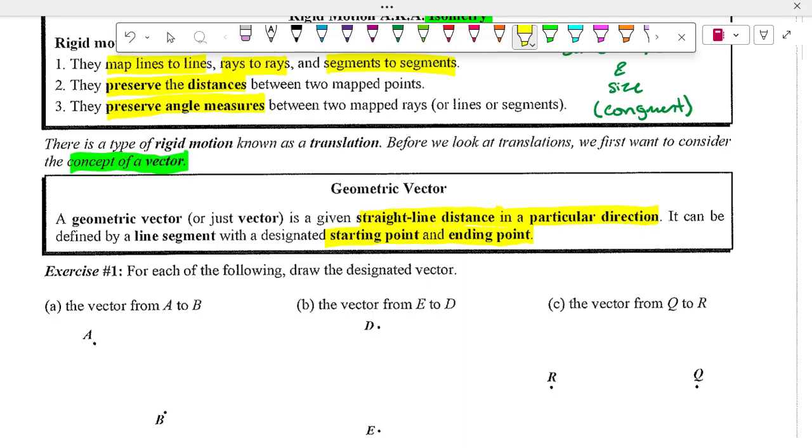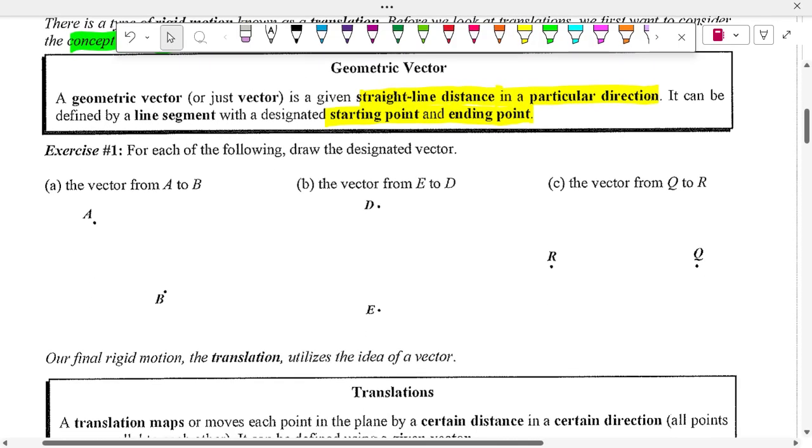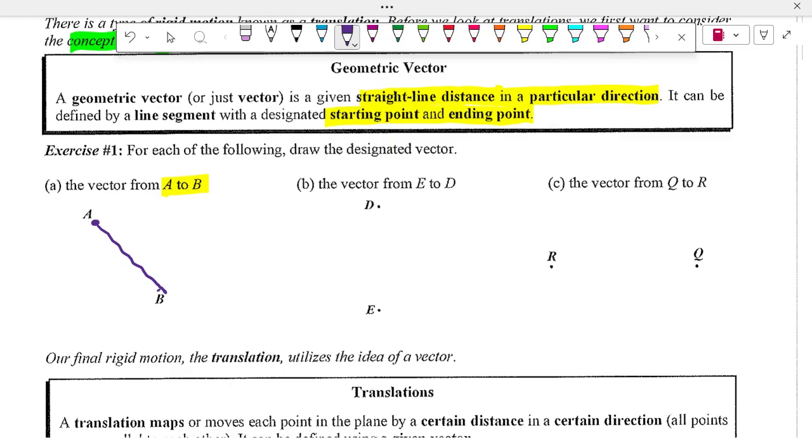For example, if we look at exercise 1 below, it says we're drawing a vector from A to B. Where you start and where you end is important because that's where the direction comes in. If you draw a line, that's just the distance. What you have to do is draw an arrow on that line to show the direction. So if we're starting at A, we draw a straight line to B and put an arrow.